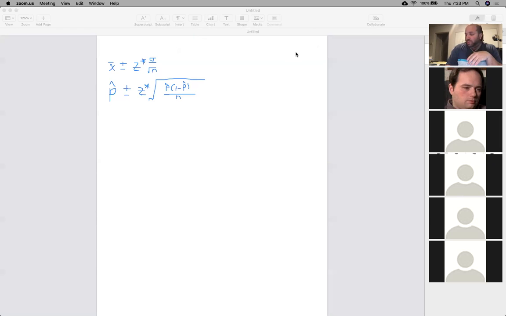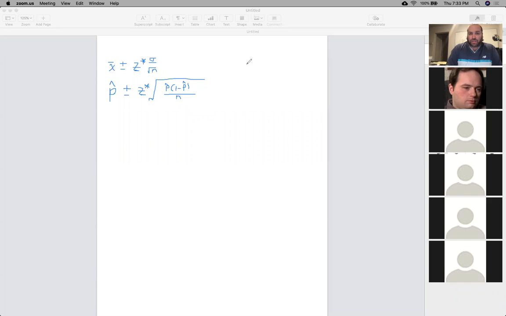This is chapter 16. These are two different confidence interval formulas in chapter 16, for two different situations.